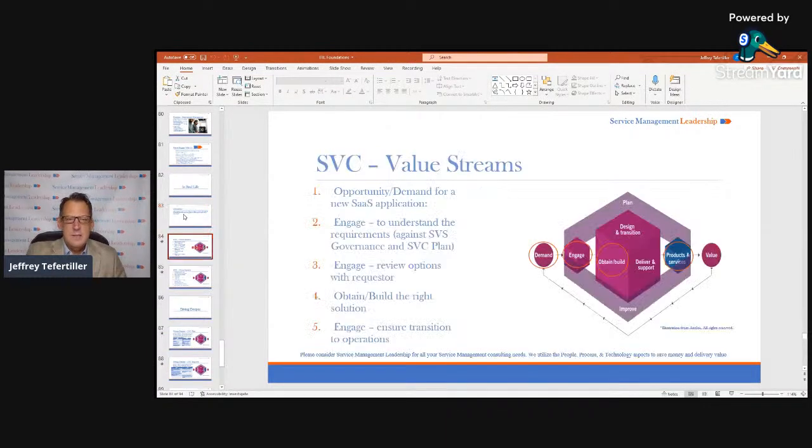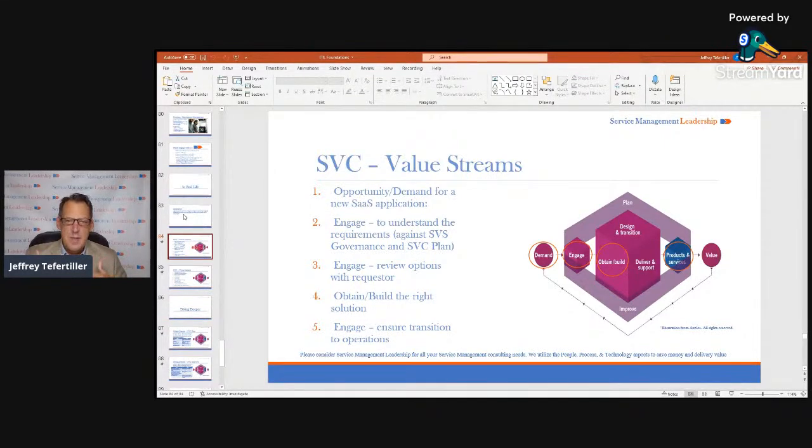So we have looked at the service value chain where a demand comes in, and that could be something we know, something we don't know. So it could be something off the self-service catalog, or it could be a new project.